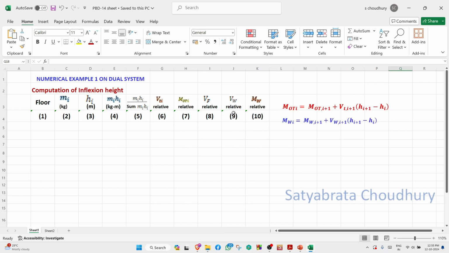BW, the relative shear in the wall, will be equal to the total shear in column 6 minus the shear in the frame BF in column 8. The total shear will be obtained with the relative placement of loads. The loads that we place at the different levels are MIHI divided by summation MIHI.